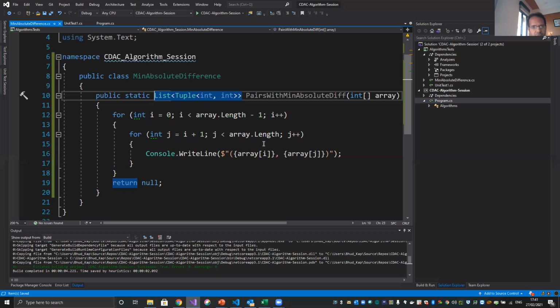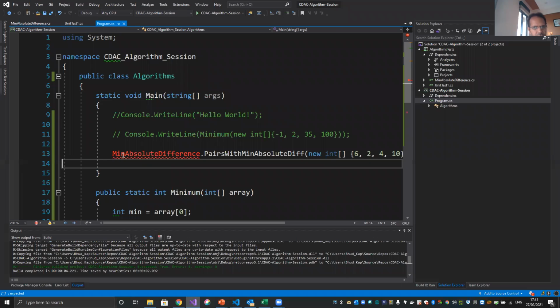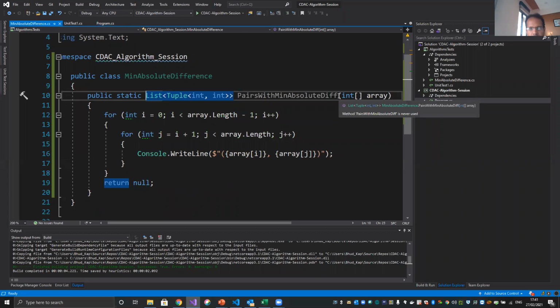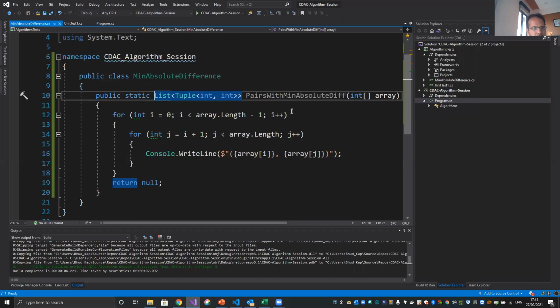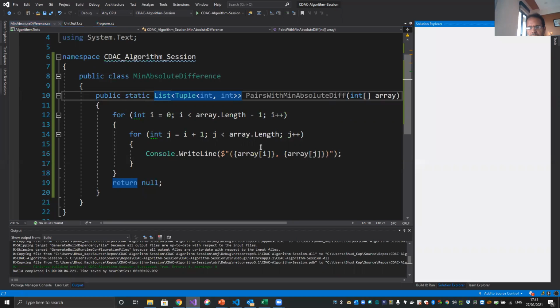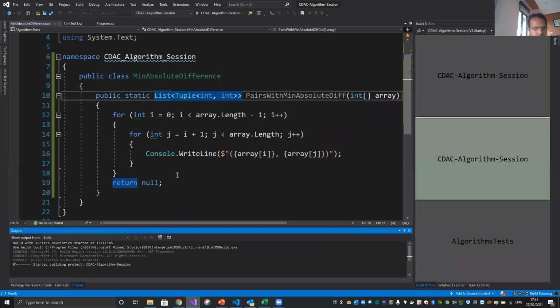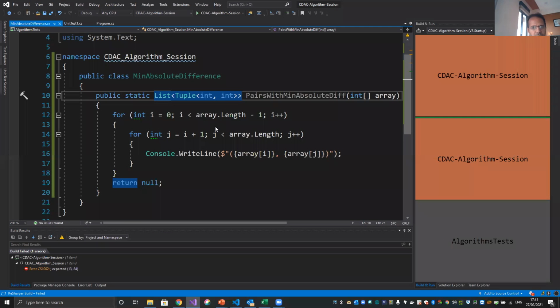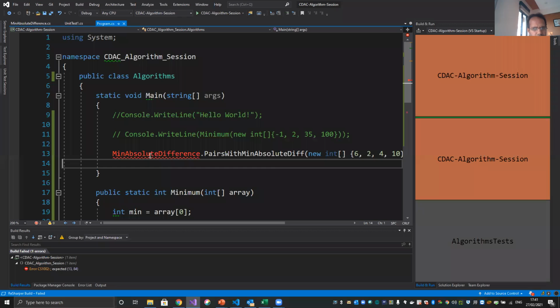So now we have this. Still a problem. It does not exist in the current context. Let's build it. It's not combining because it does not exist.